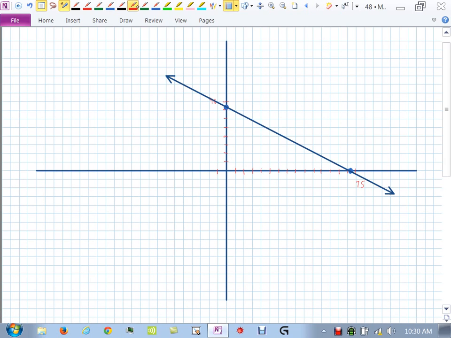which is going to put me right here. And the y-intercept was negative 5, which is here, which means it's kind of like I have a rise over run, like goes up 1 over 1, up 1 over 1. I can do another one like this.